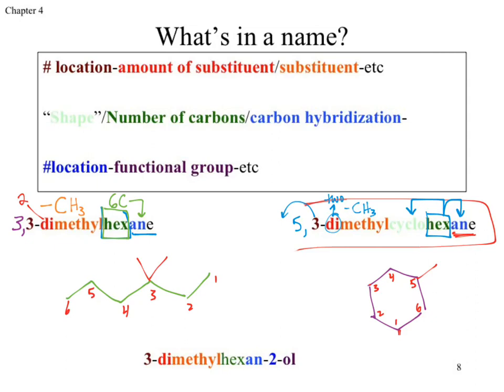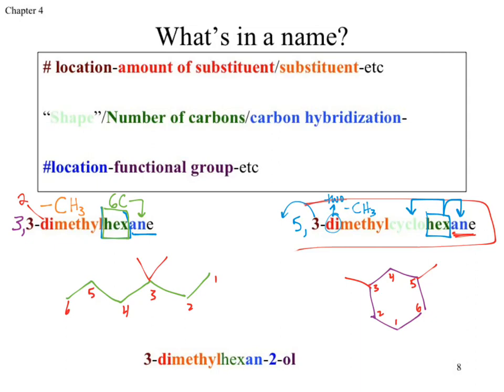No, because while we may still be drawing the exact same structure, it's technically the wrong name because you used the wrong numbering system. Even though you were able to take the name and draw the exact same structure that anybody else would draw if it was named 1,3, you are still technically wrong. You want to use the smallest sequence of numbers possible. So the 3,5 doesn't work for us because I can better number that 1,3.